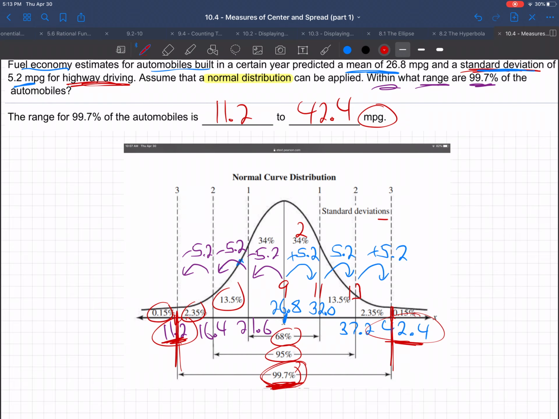Those percentages are true based on whatever number you put in the middle, the average, whatever, shoe size, miles per gallon, weight of a leaf, and then the jumps here for the standard deviations going up and going down. Those change from example to example, but the percentages do not change from example to example.